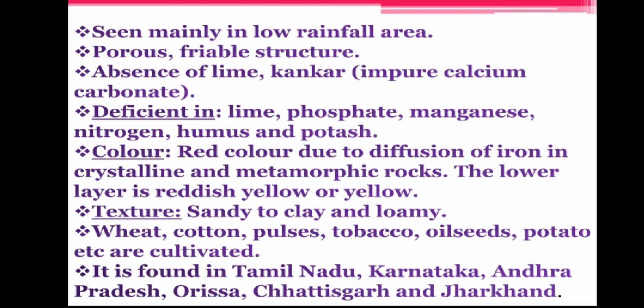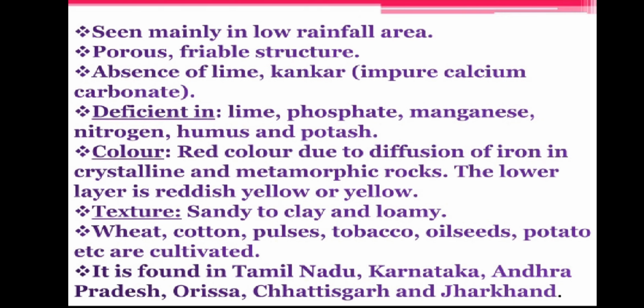These soils are found in parts of Odisha, Chhattisgarh, southern parts of the middle Ganga plain and along the Piedmont zone of Western Ghats. These soils develop a reddish color due to diffusion of iron in crystalline and metamorphic rocks.